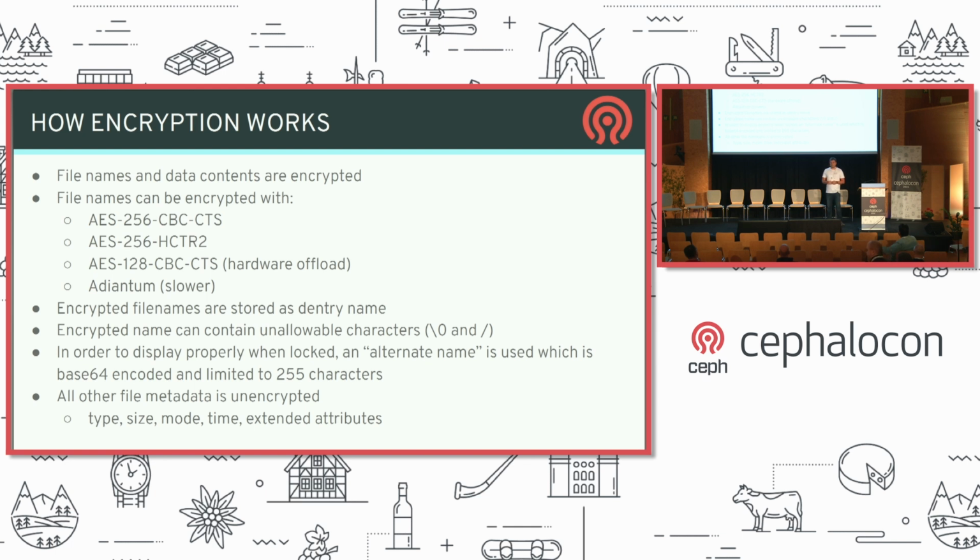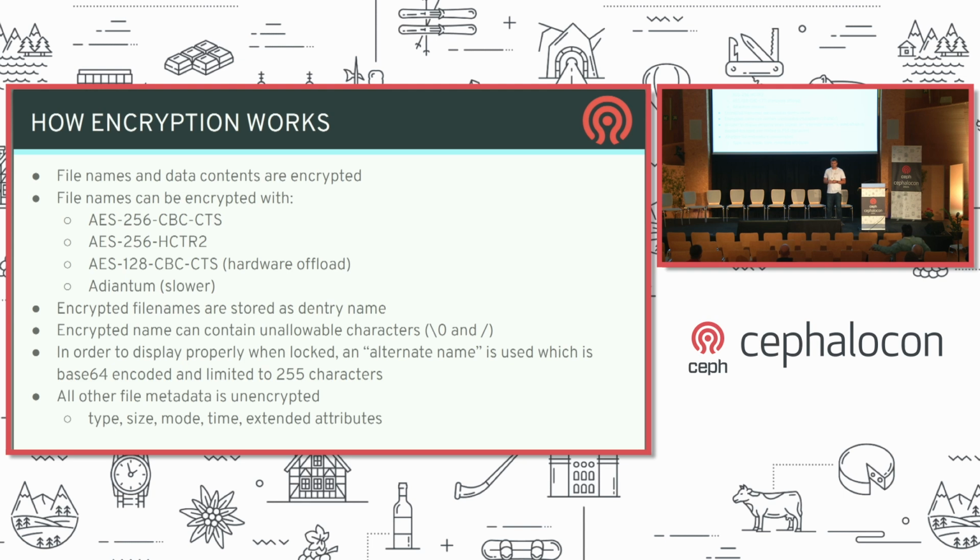The encrypted file names are stored as the name in the dentry, and there are also disallowed characters that can end up there, such as slash and a null character, and the name can also be longer in some cases than what's allowable in POSIX of 256 or 250.